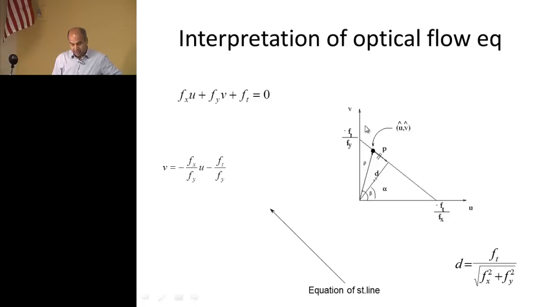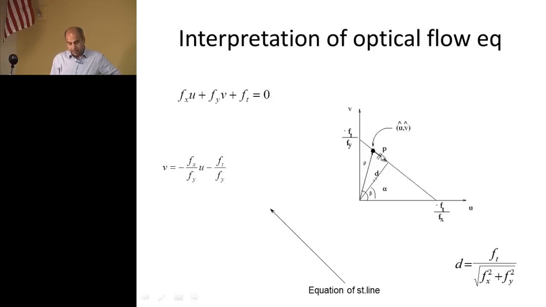You have a triangle here, this you know, and this is d, and you can easily derive this, and you can do that at home. So if the true optical flow is this one, then we can easily compute d using these derivatives at each pixel, but we don't know the p part, which is this one.